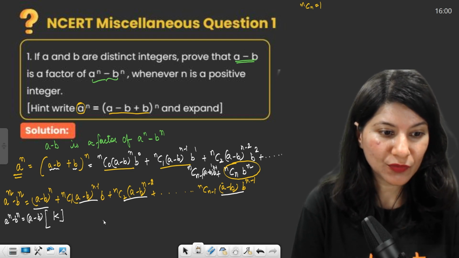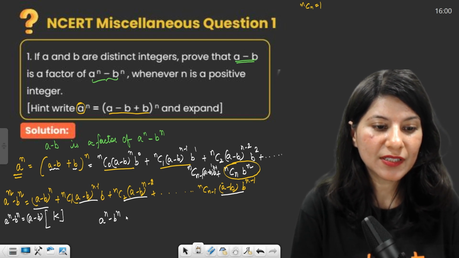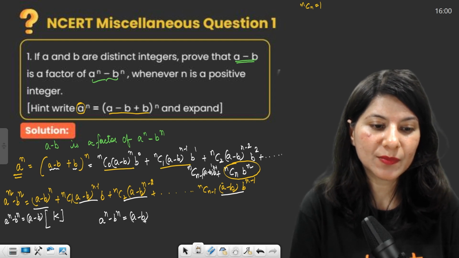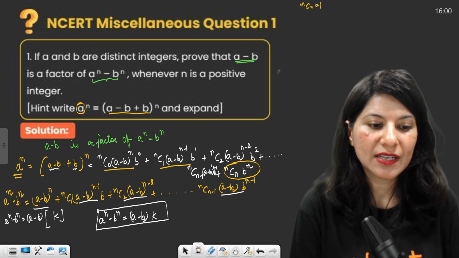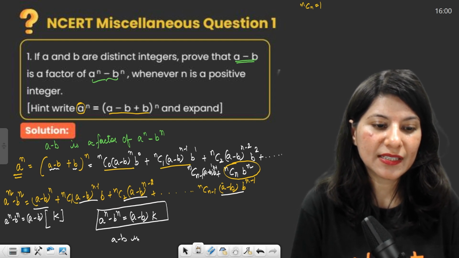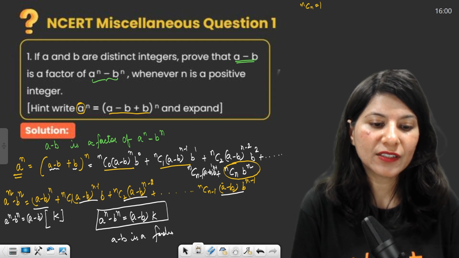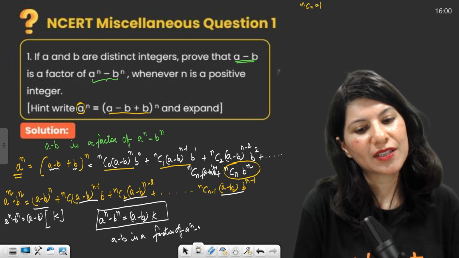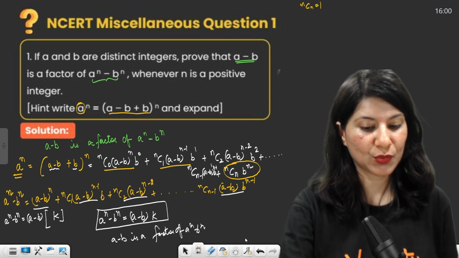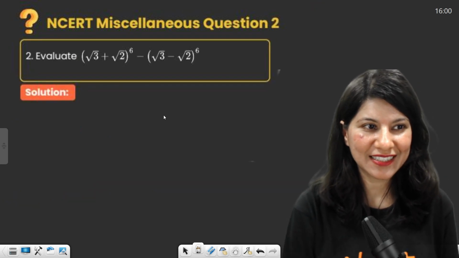So hence proved, a raised to power n minus b raised to power n equals (a minus b) k. That simply means that a minus b is a factor of a raised to power n minus b raised to power n. Hence proved. First question done, NCERT miscellaneous done.